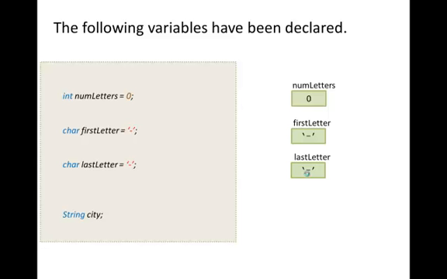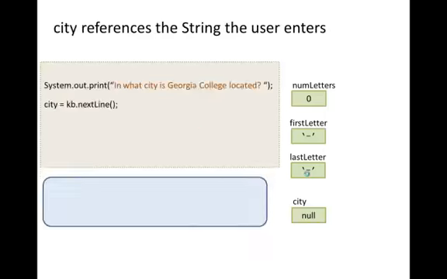Next, I'm going to declare a String object named city. Now, city is an object, okay? It will hold the address of a memory cell. Right now, city has an address of null. It's not pointing to anything. City will reference the string the user enters.